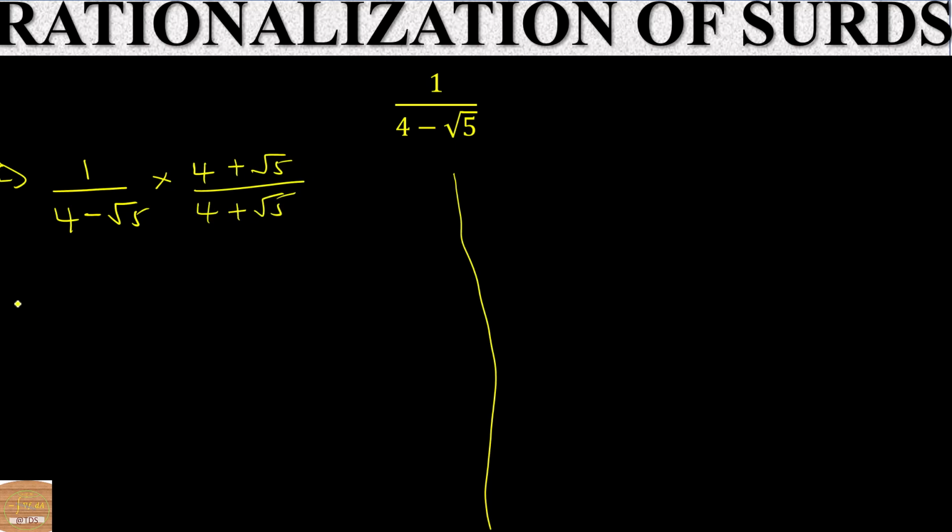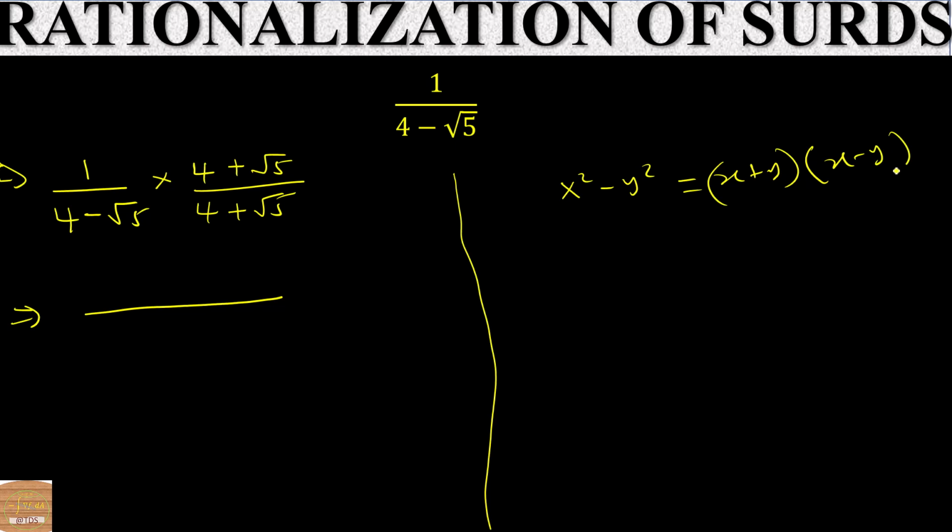Alright. So let's look at the denominator. In case we have, let's say, x squared minus y squared, the same as x plus y times x minus y. So we call this difference of 2 squares. So let's check. We have 4 minus root 5, x plus y.